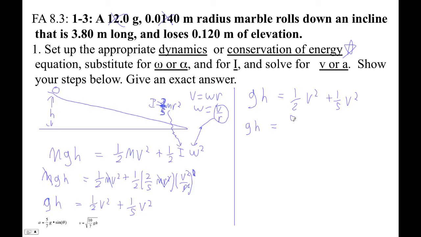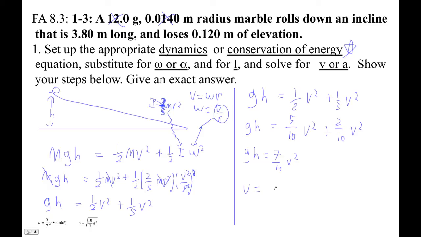So it would be 5/10 v squared plus 2/10 v squared. Now if you can't do fractions, your calculator actually can. You can set this up and then go Math, I think it's Math 1, to fraction, right? Okay, so obviously gh is 7/10 v squared.